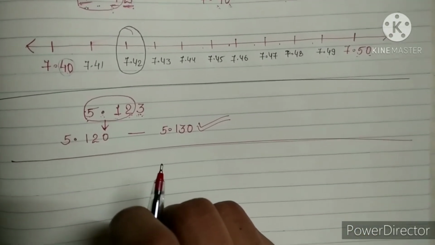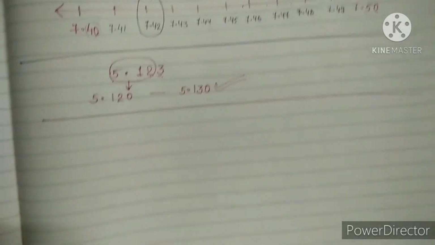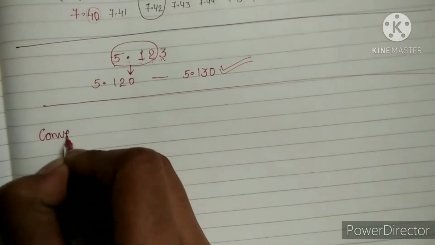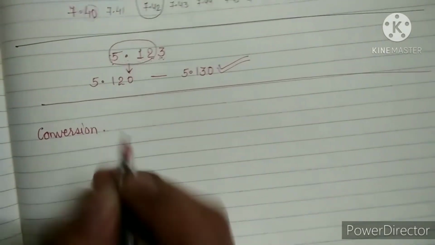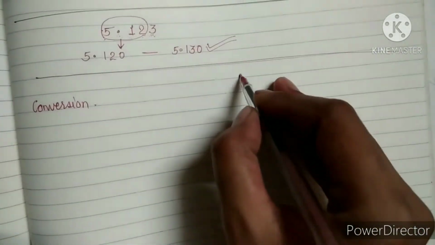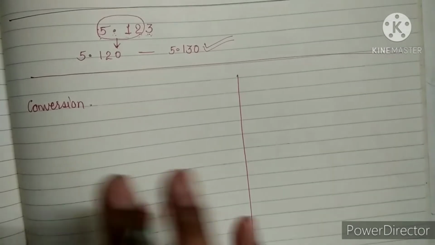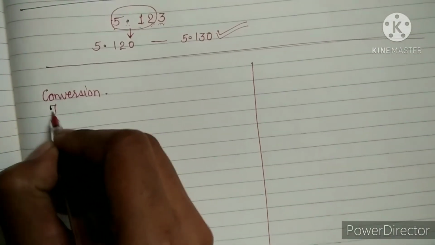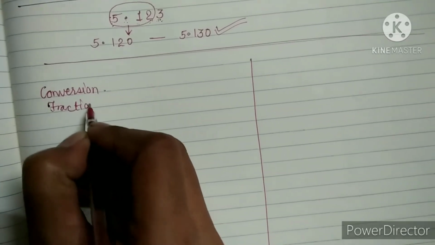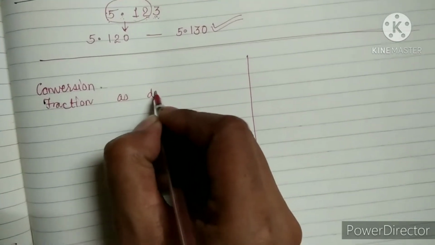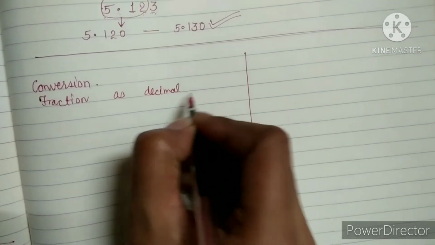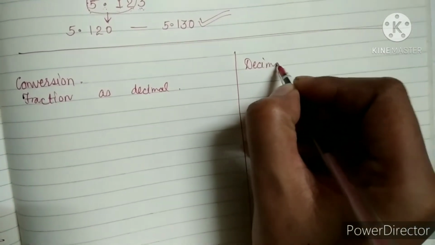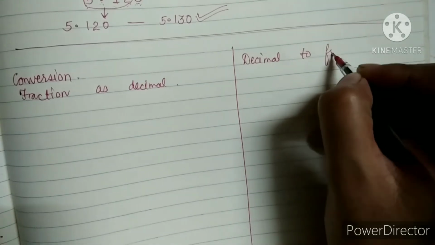Now we are going to the next topic, that is conversion. Conversion means changing one thing to another, and the same thing we will change from the other back. Here I am taking fraction to decimal, and in this part I am taking decimal to fraction.